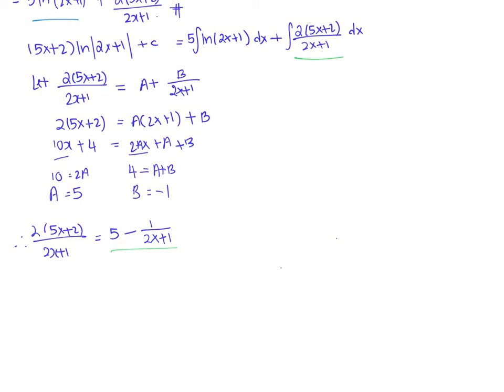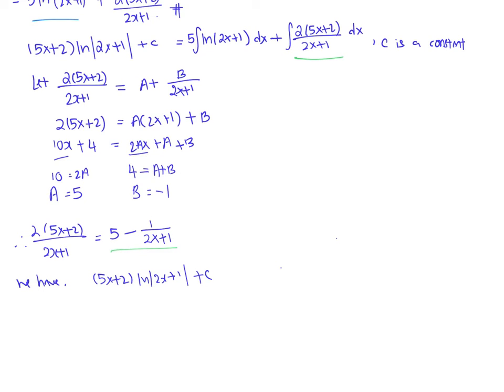So we have, bracket 5x plus 2, ln modulus of 2x plus 1 plus c, where c is a constant. Alright, so we probably need to add it here since we haven't written it earlier.